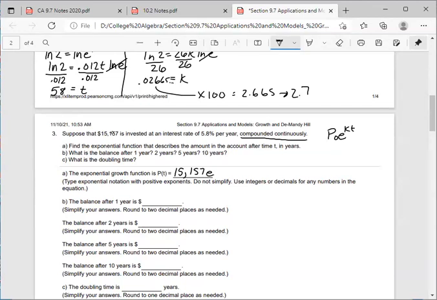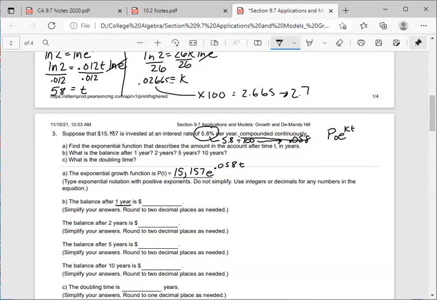The next thing is an e. That's a number, just like pi. It's 2.7 something. k is supposed to be the rate, and our rate is 5.8%, but you don't put in the percent. You have to put it in as a decimal. So you're going to divide by 100 and get 0.058. And then time is the number of years, so we would put a t there. So that's our equation.